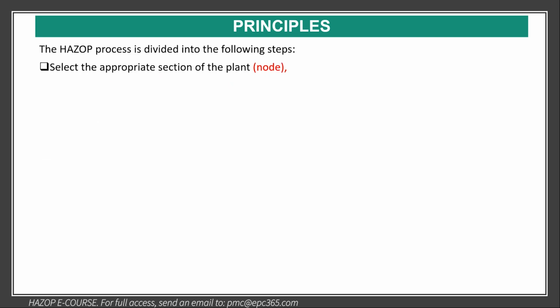The Hazop process is normally divided into the following steps. First we have to select the appropriate nodes. These nodes have to be defined by the chairman, and a meeting should be run with the company and contractor to discuss and validate the nodes.